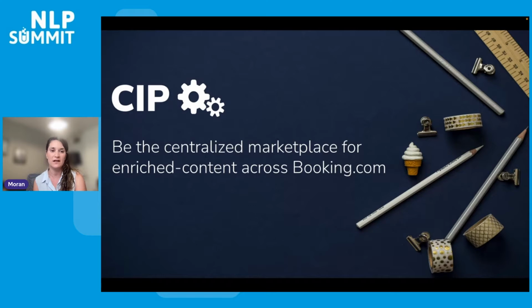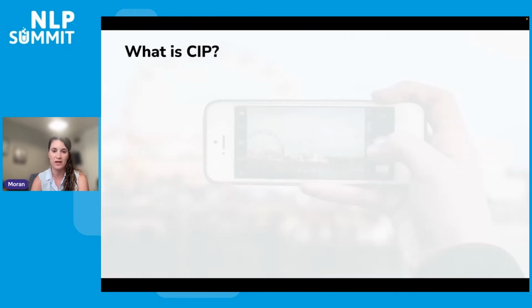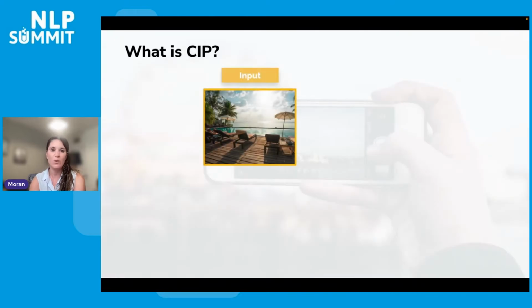In this platform, we productize our model text-to-topic, which I will present in 1 minute. But this is a marketplace where all content features can be consumed across Booking. So what is this platform?